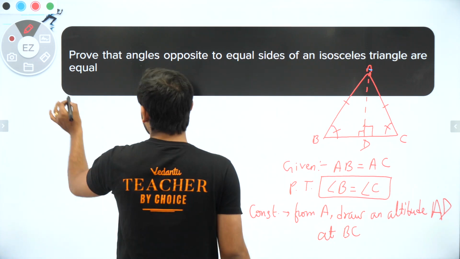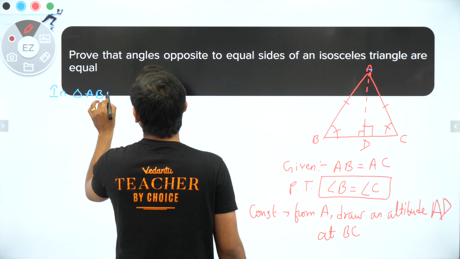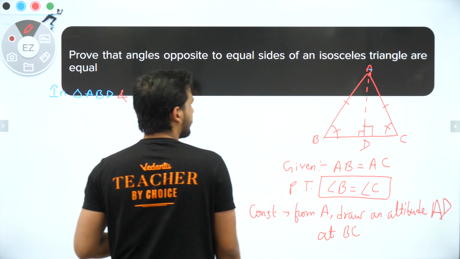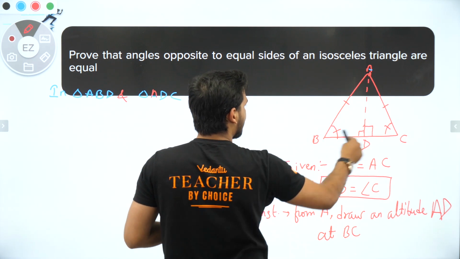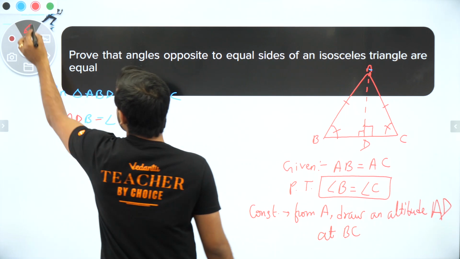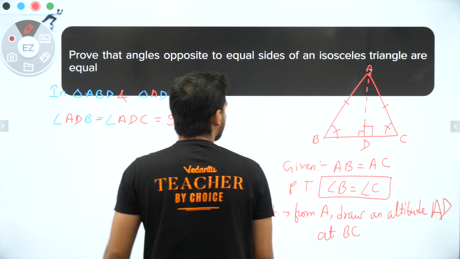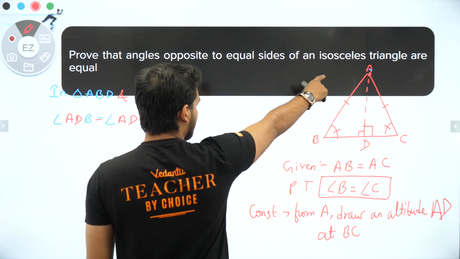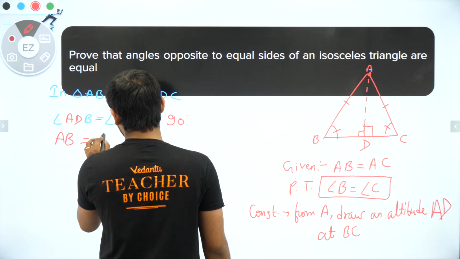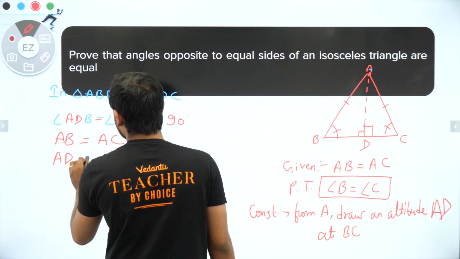So in triangle ABD and triangle ADC, first I can say angle ADB is equal to angle ADC is equal to 90 degrees. Then I can say AB is equal to AC, and AD is the common side.